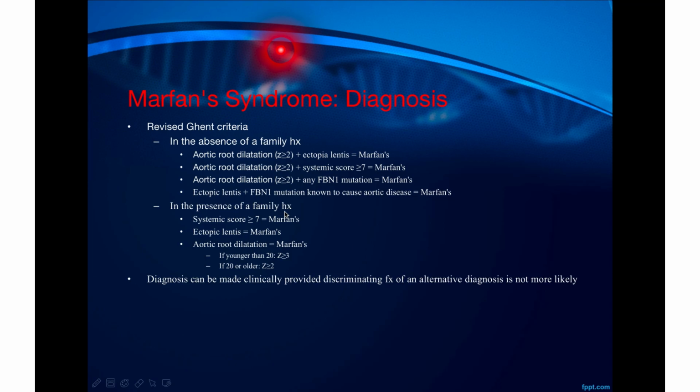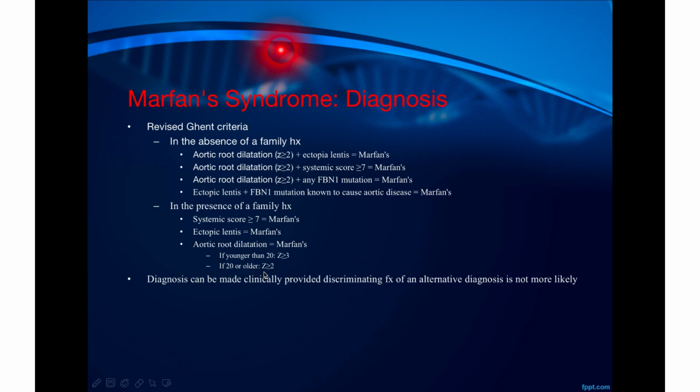So if the patient has a presence of family history and a systemic score of 7 or more, we know that that's going to be Marfan syndrome. In addition to the presence of family history, if the patient has ectopia lentis, that's equal to Marfan syndrome as well.